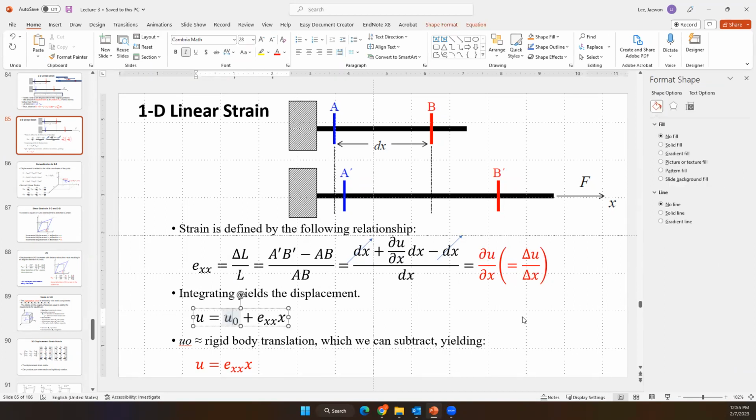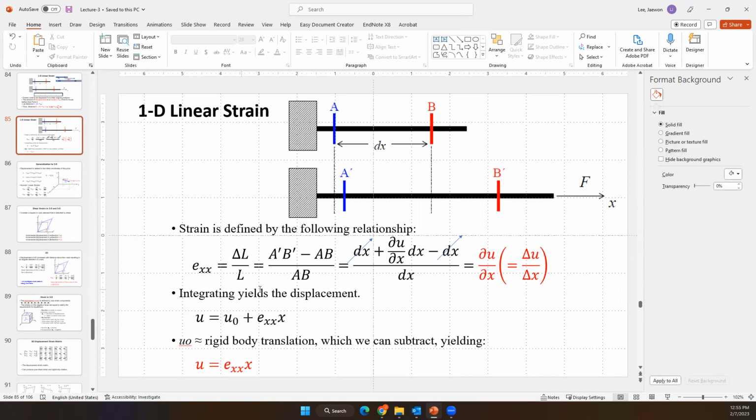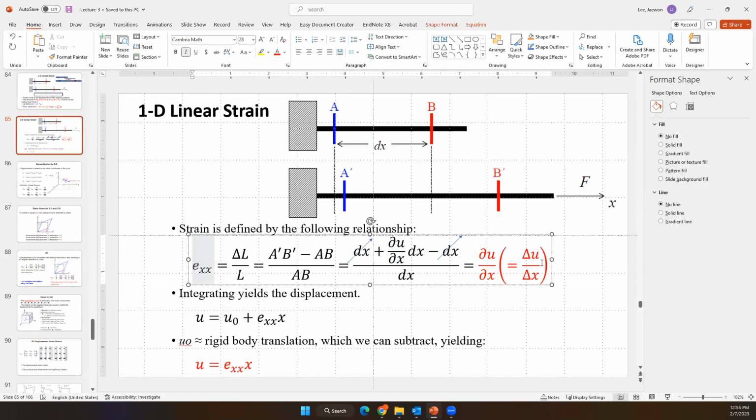Also, if we integrate this relation, we can get U equals U0 plus this times X. This is a linear relation.